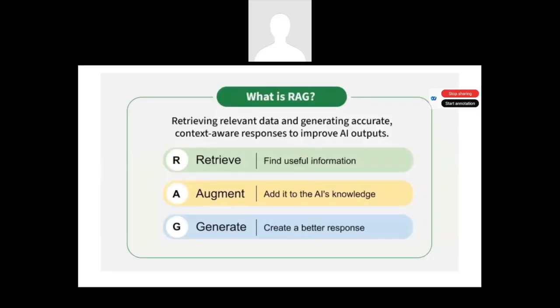In RAG there are three terms: retrieve, augment, generate, as the name defines. Retrieve is nothing but I ask a question and I need some information to answer it. Let's say I ask a question to the chatbot. In the very first release of ChatGPT, it was not able to answer current information, let's say who is the Prime Minister of India, or who is the Chief Minister of Tamil Nadu. The current up-to-date information it was not able to answer, because of course it's a pre-trained model.